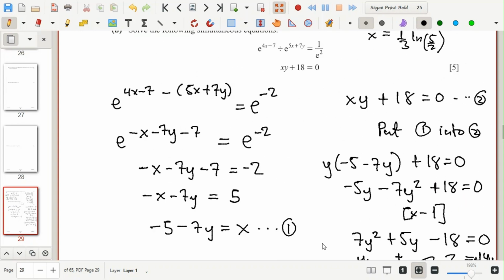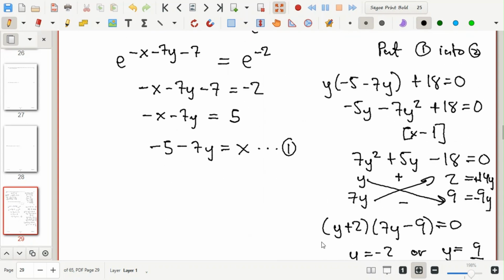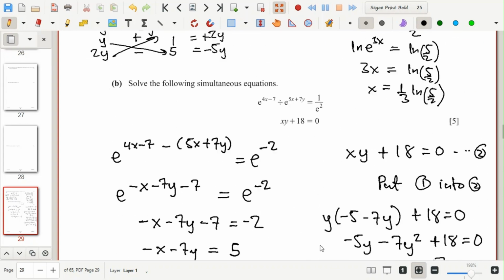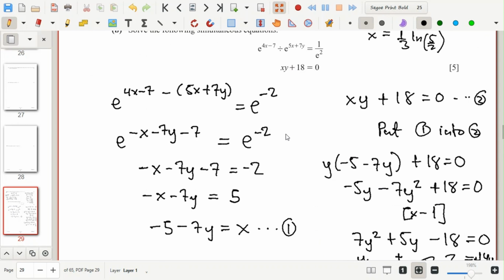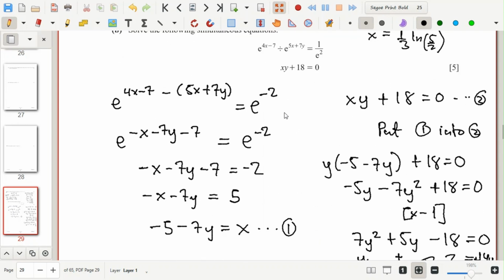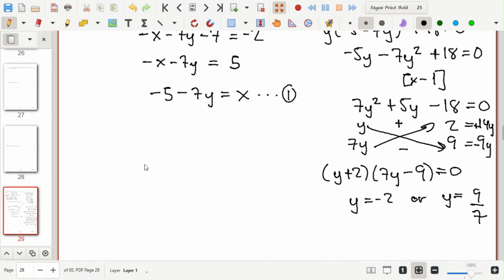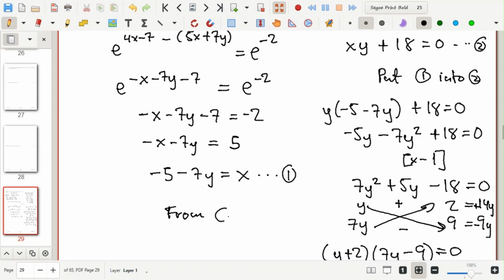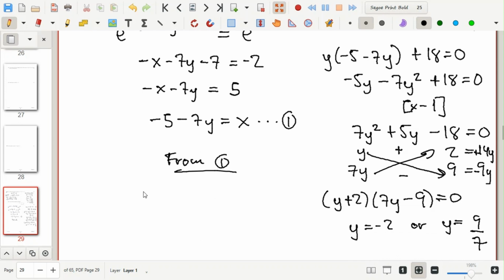So these are my y values. So if you know the y value, you can come and find x, right? From equation 1, you say x is equal to negative 5 minus 7y. Let's say when y is negative 2, let's see what you get.